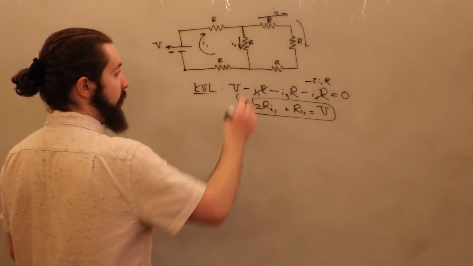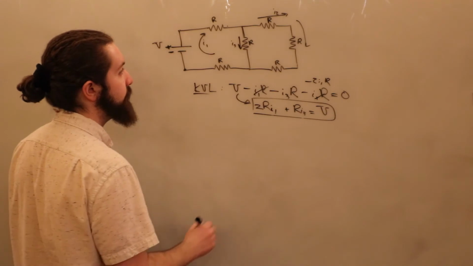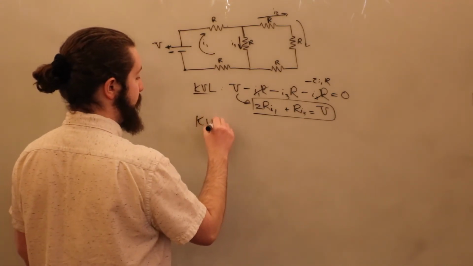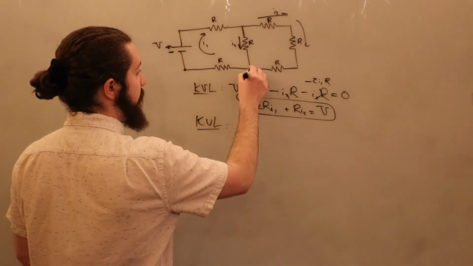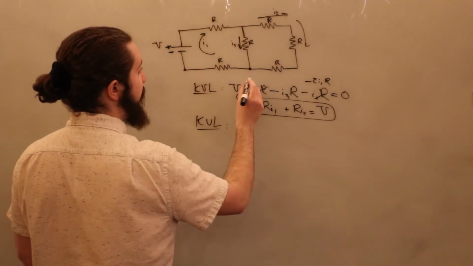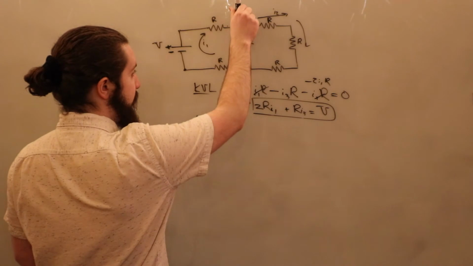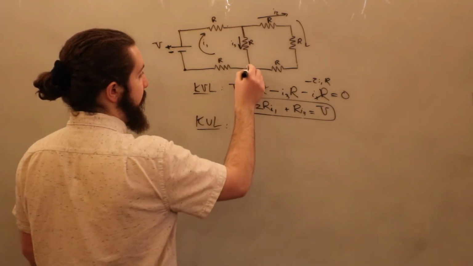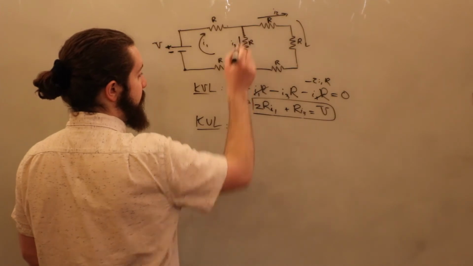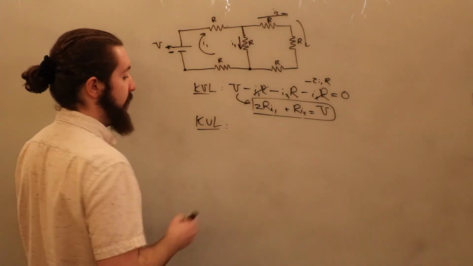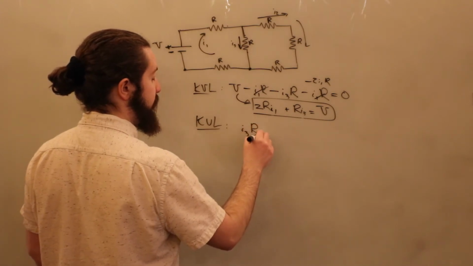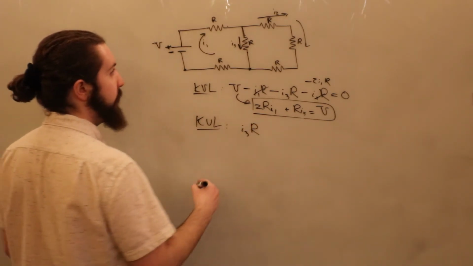Now, for our second one, let's do the second loop. Well, let's write this again. Let's start right here and go this way. Well, since we're expecting current to go down through this third branch in the middle, then this jump is going to be a positive gain in voltage by the amount I3 times R by Ohm's law, right?